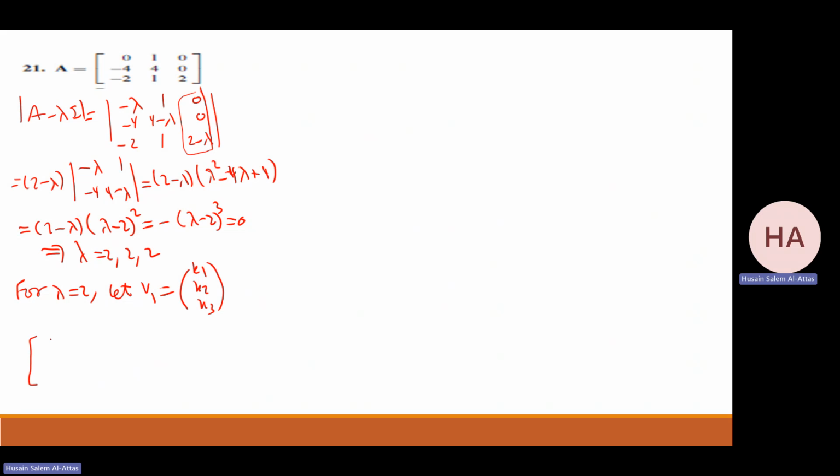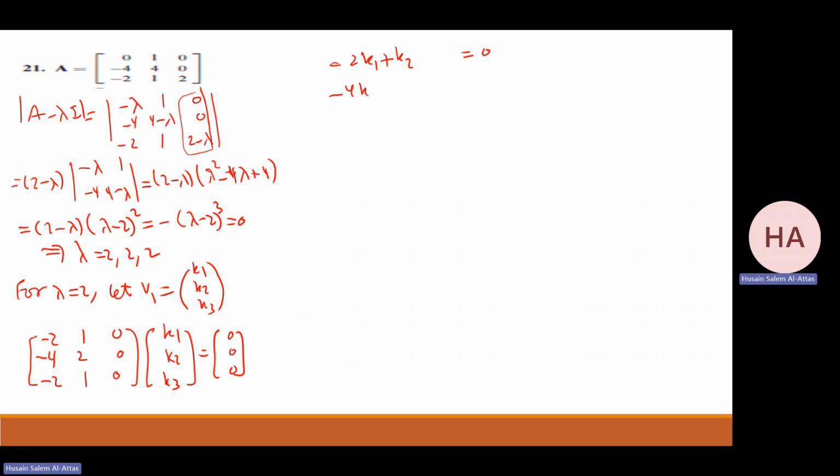What will be the system? It will be -2, 1, 0; -4, 2, 0; -2, 1, 0, times K1, K2, K3 equals 0, 0, 0. So what I have: -2 K1 plus K2 equals 0, -4 K1 plus 2 K2 equals 0, -2 K1 plus K2 equals 0. These are actually only one equation, which is K2 equal to 2 K1.